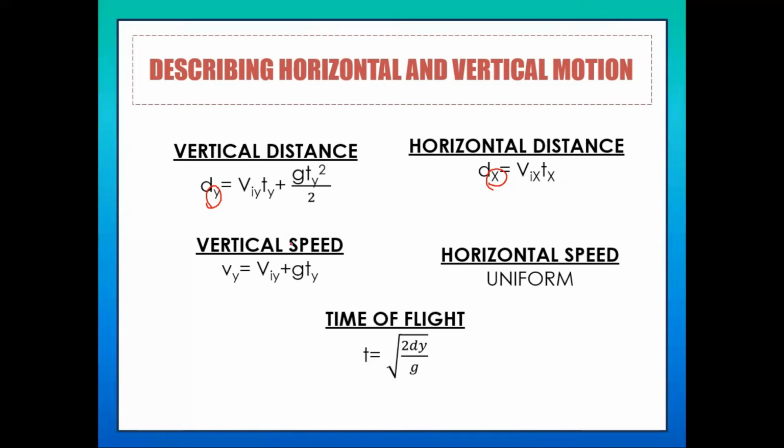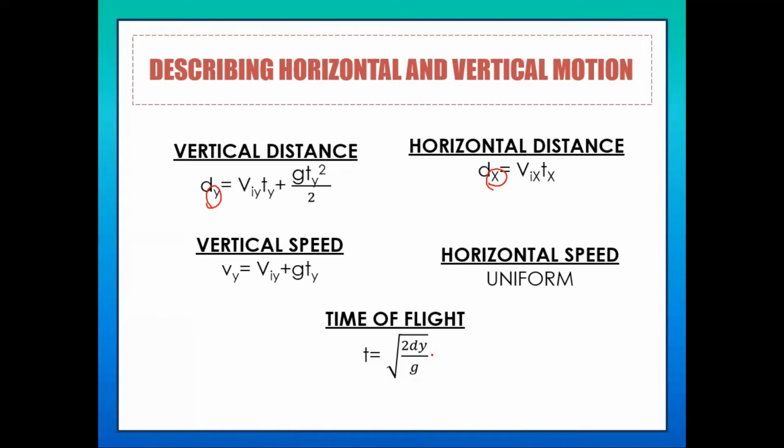Okay, depending on the given. Yun naman ang sinasabi ni Sir even before pa. But this equation for the time of flight, equal yung value ng t ng time of flight for both your vertical and horizontal motion. Okay? So kahit di yan ty or t sub x, equal pa rin yan sa isa't isa. Okay? So you can use this if you want to get the value of time.